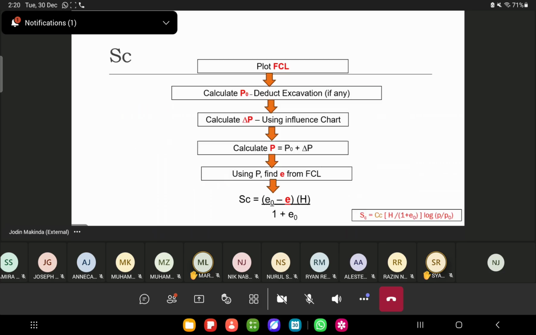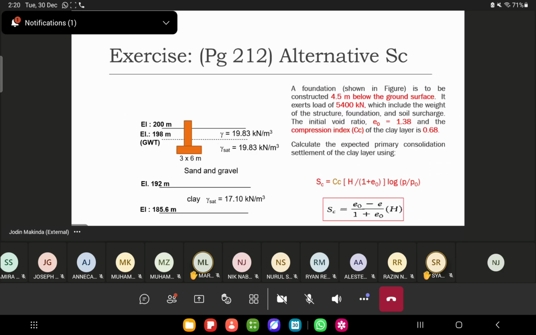Look into the structure here. If you look into the structure, you dig 2 meters of the first layer, and then 2.5 meters of the next layer.